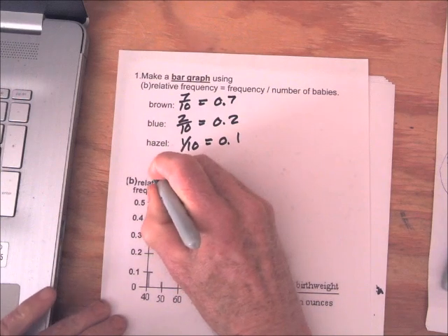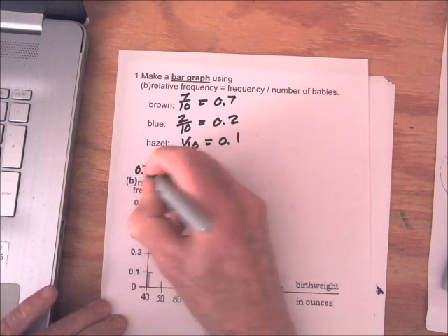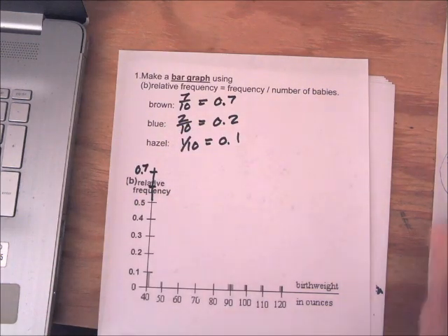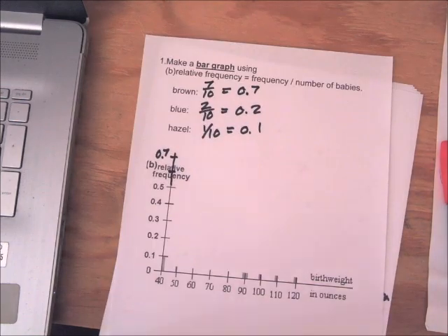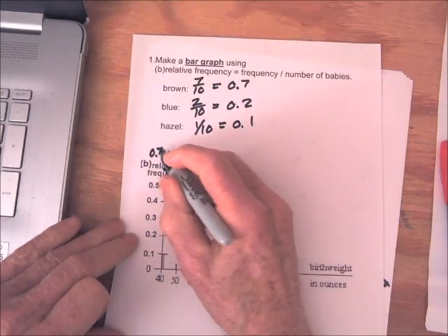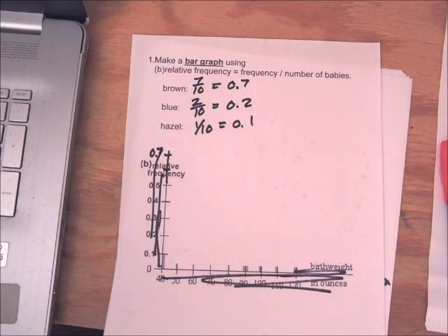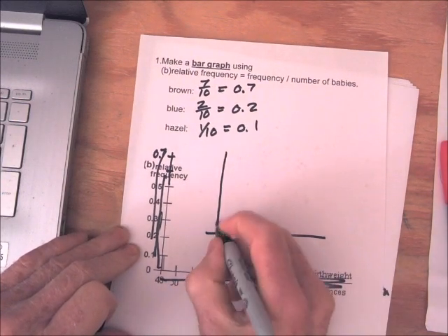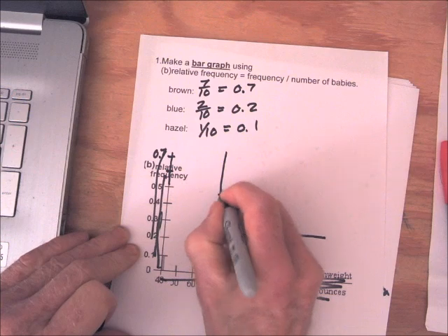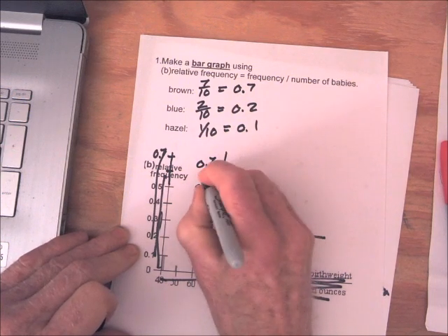And let me extend the scale here. I should have extended the scale, so let me redo my scale here. 0.1, 0.2, 0.3, 0.4, 0.5, 0.6, 0.7.